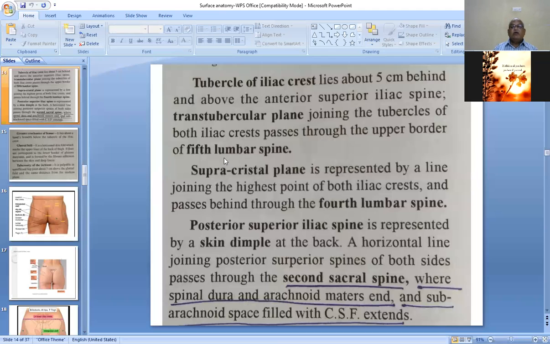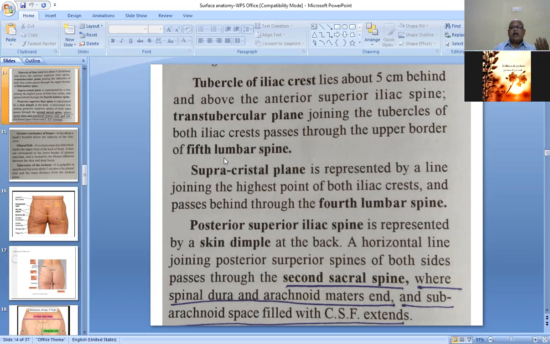So you go behind and above the anterior superior iliac spine. I told you the anterior inferior iliac spine is just below the anterior superior iliac spine, and the posterior inferior iliac spine is just below the posterior superior iliac spine. Now just above the anterior superior iliac spine, you will find a tubercle in the iliac crest. The iliac crest is nothing but joining the anterior superior and posterior superior iliac spines in a convex manner.